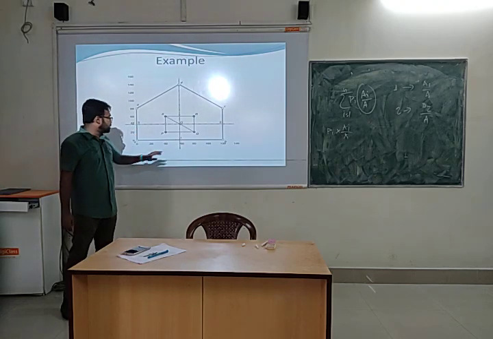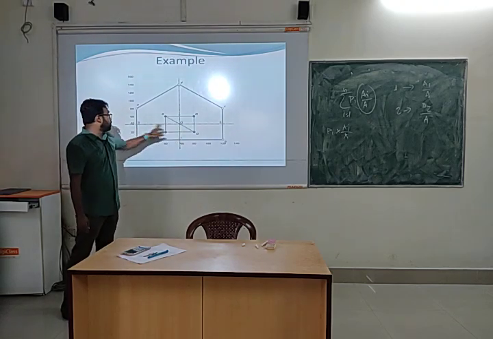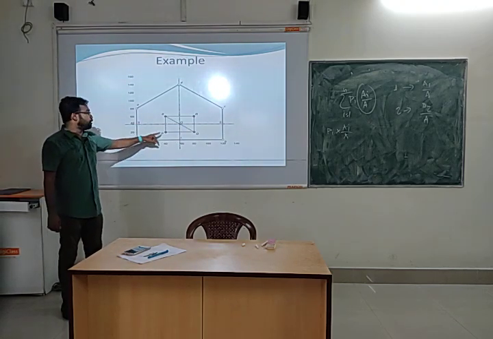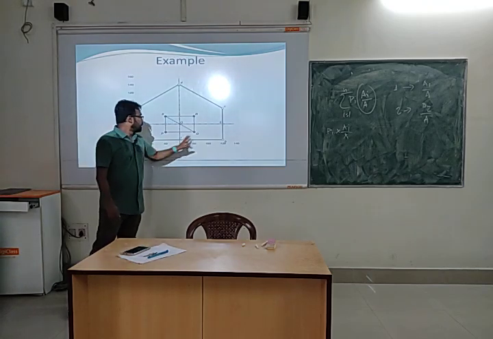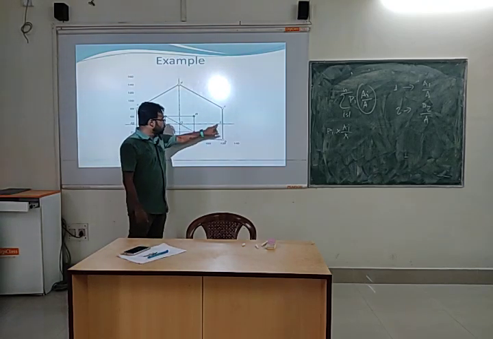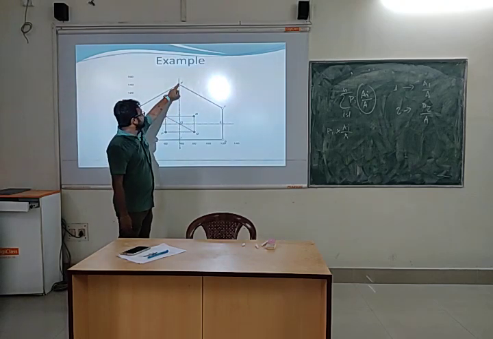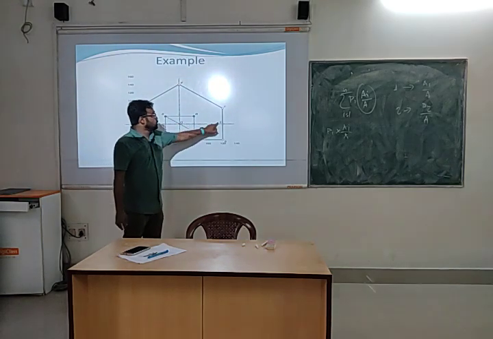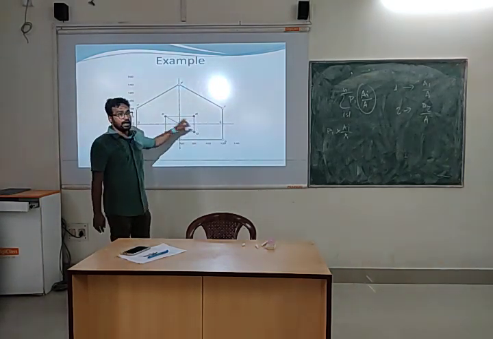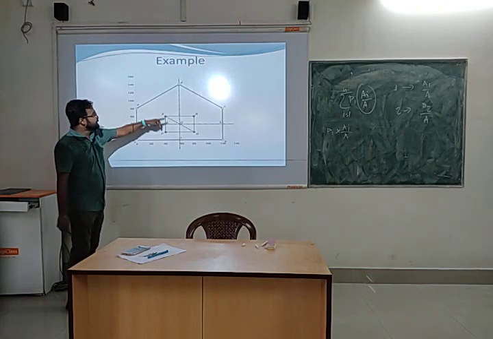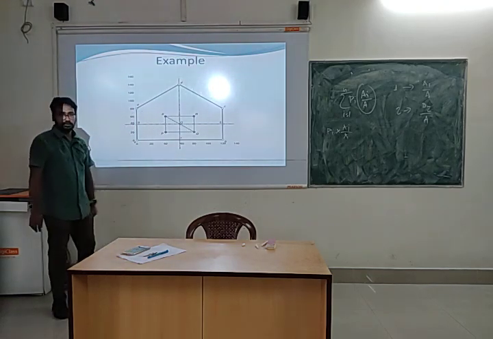It is not I, it is 1. So A, 1, O, 3. This will be the polygon for P. 1, O, 2, B will be the polygon for Q. D, O, 2, C will be the polygon for R, and this one will be D, O, 3, E.